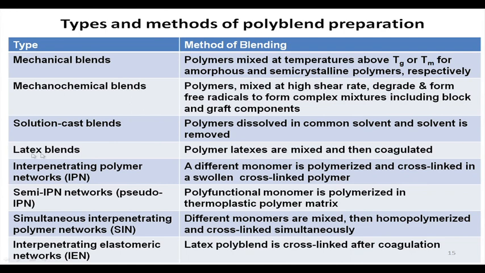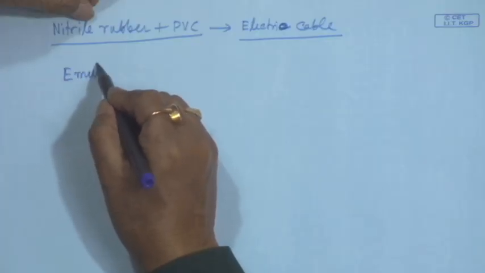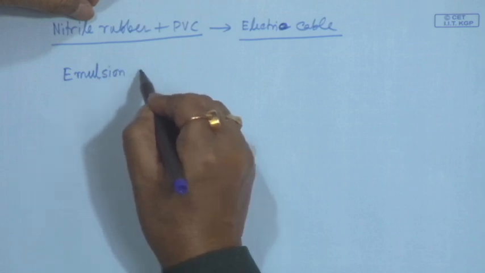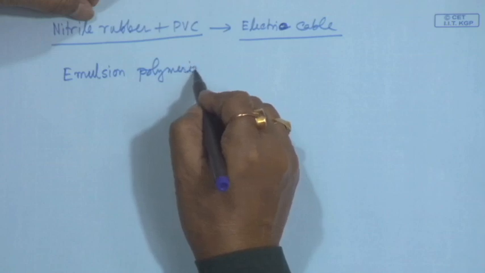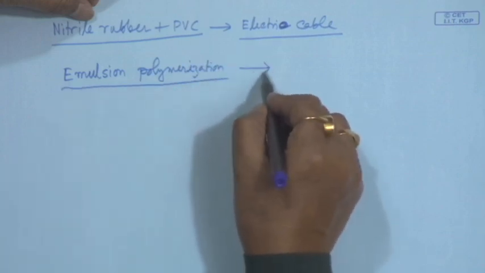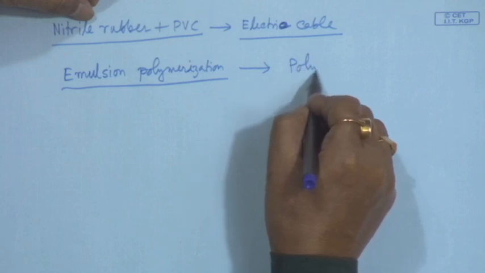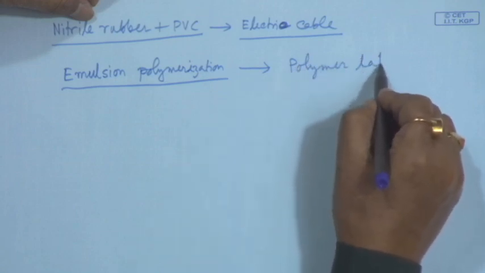Then latex blends. Now, there are certain polymers which are synthesized by emulsion polymerization technique. Emulsion polymerization leads to the formation of a polymer latex. Ultimately, the polymer is obtained in the latex form.